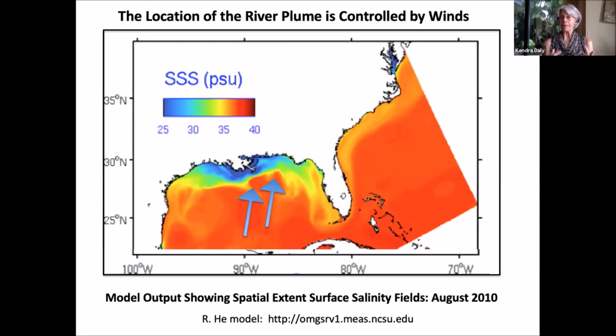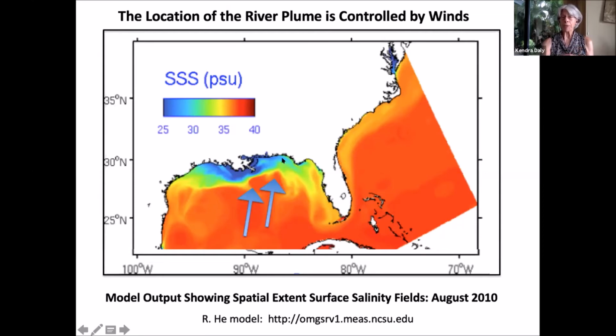There's hypoxic events from that nutrient-fueled water fuels phytoplankton growth, which then causes remineralization and draws the oxygen out of the water.